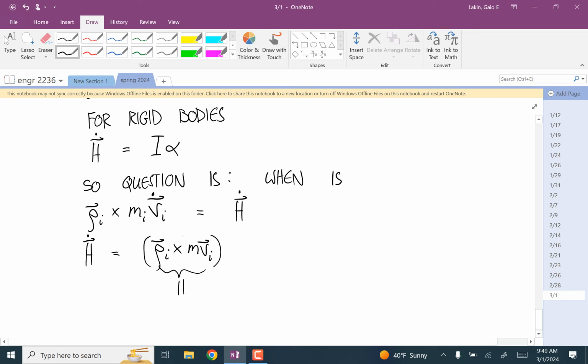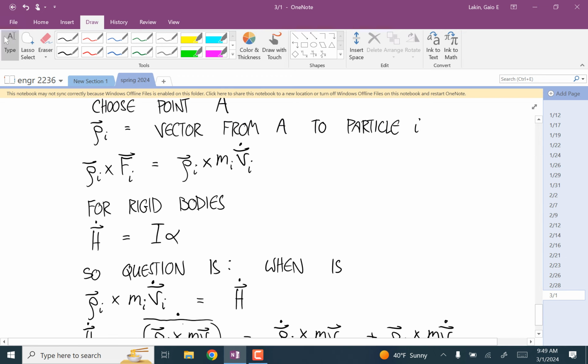This thing is h, and then we take the time derivative of it. If you take that time derivative, you get rho i dot cross m vi plus rho i cross m vi dot.